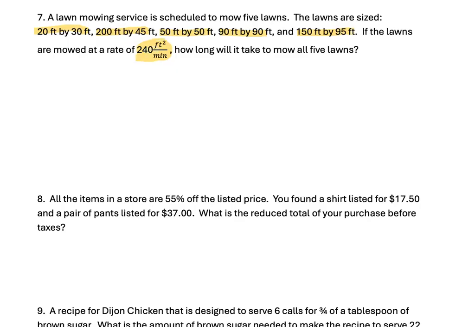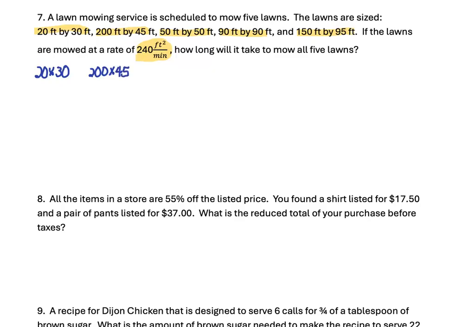Now, to begin with, we need to know how much total is being mowed, right? So to do that, we're going to take 20 by 30. So we're going to multiply those two. 20 by 30. 200 by 45. Multiply those two.